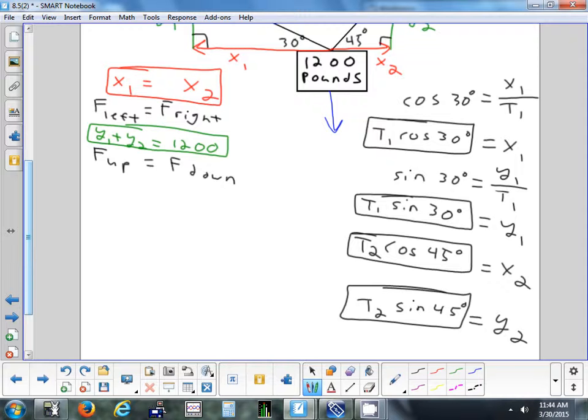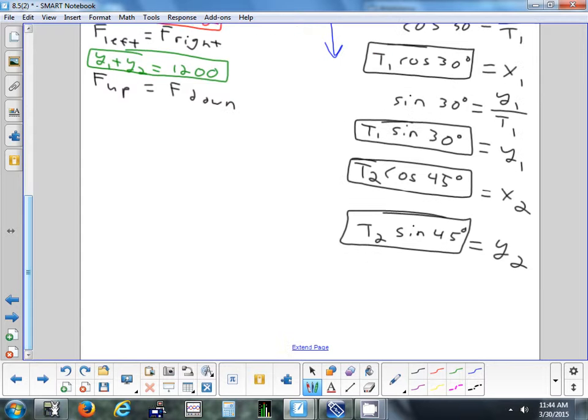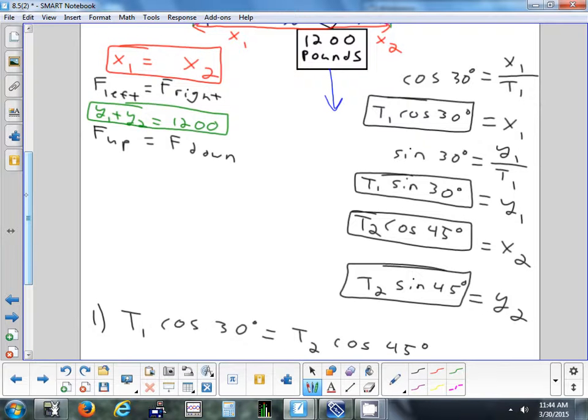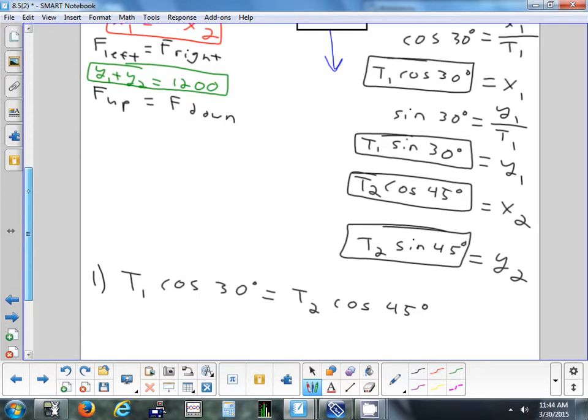These are our equilibrium equations, saying everything is balanced. So x1 equals x2. So T1 cosine 30 equals T2 cosine 45. And second equation, y1 plus y2 equals 1200.